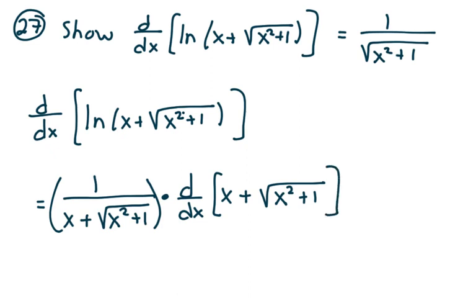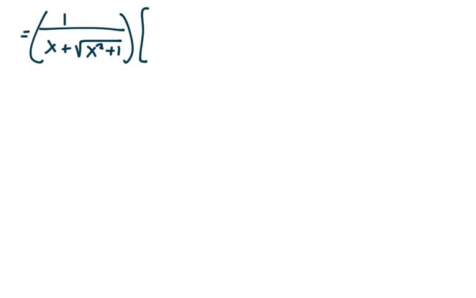So again, we get 1 over x plus the square root of x squared plus 1 times the derivative of x plus the square root of x squared plus 1 with respect to x. So this is 1 over x plus the square root of x squared plus 1. And I'm going to multiply by the derivative of x plus x squared plus 1 to the 1/2.